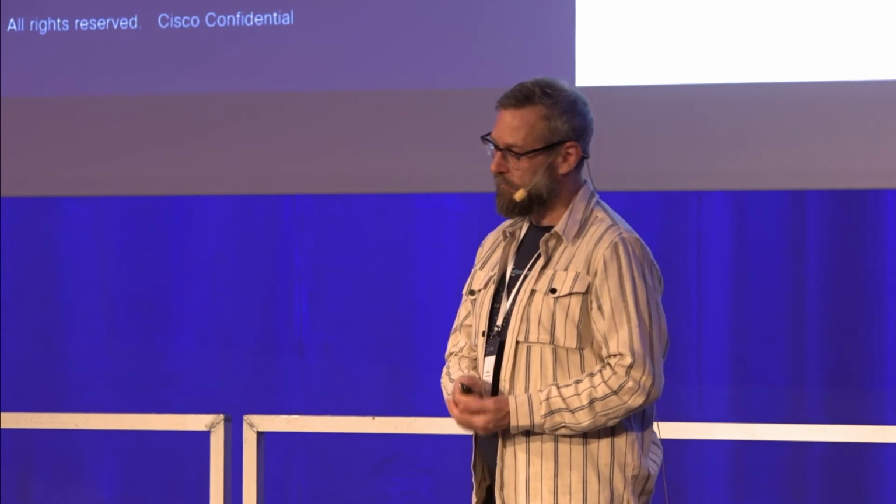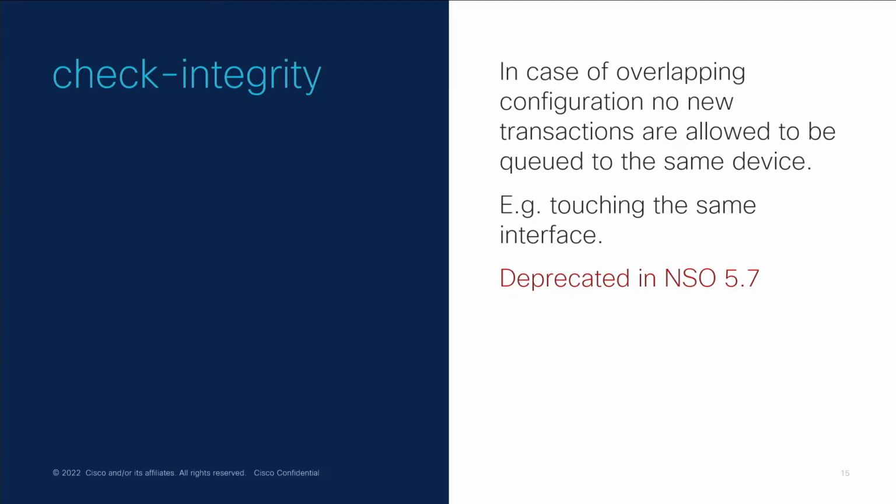I would actually not like to talk about this, but I will try anyway. Check integrity is when you push configuration, for example, towards the same device, and you have overlapping configuration, for example configuration that touches the same interface on the device.